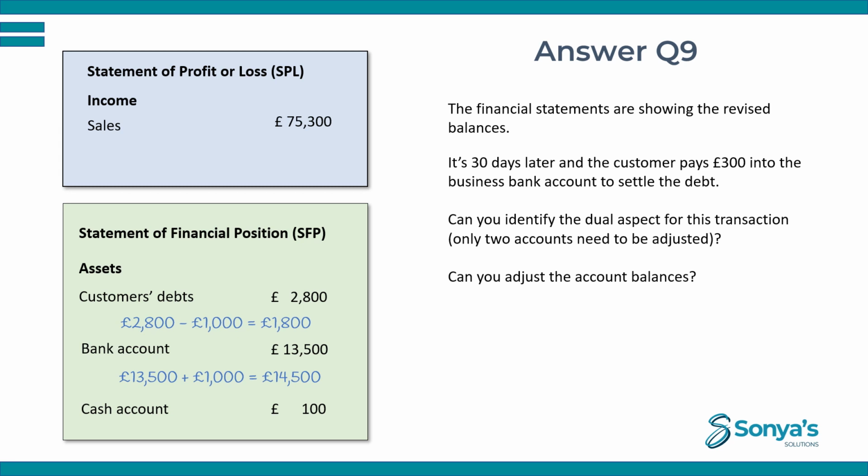A common error is for the sales account to be adjusted. The invoices were recorded in the sales account when the goods and services were provided around 30 days ago. If we record this transaction again as a sale, we'll duplicate the original transaction.